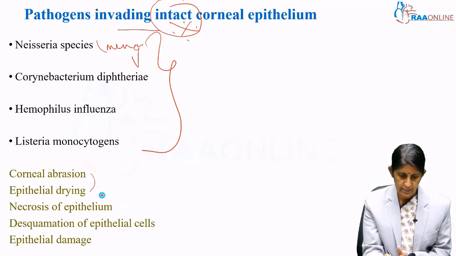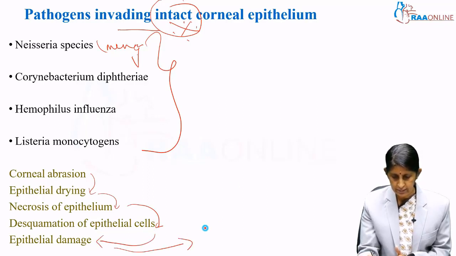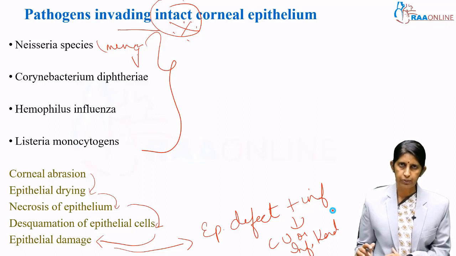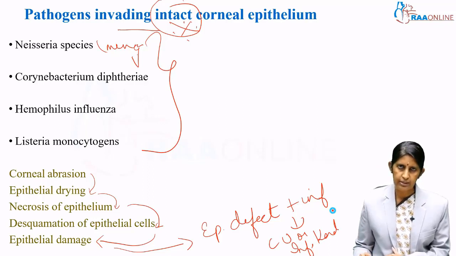All this is a cascade, followed by desquamation of epithelial cells, and finally there's an epithelial damage, and this can result in an epithelial defect. When an epithelial defect gets infected, we call it corneal ulcer or infectious keratitis. So this is the very simple scheme of events that take place before a corneal ulcer occurs.